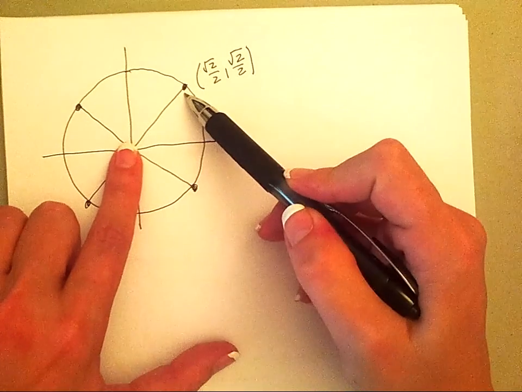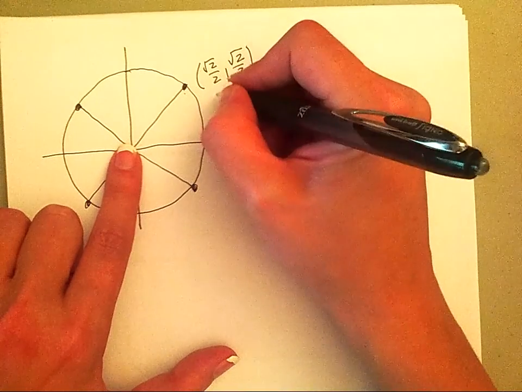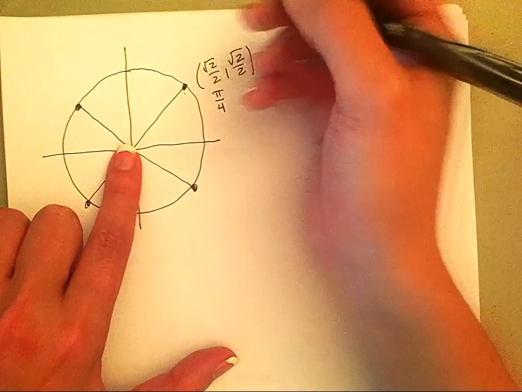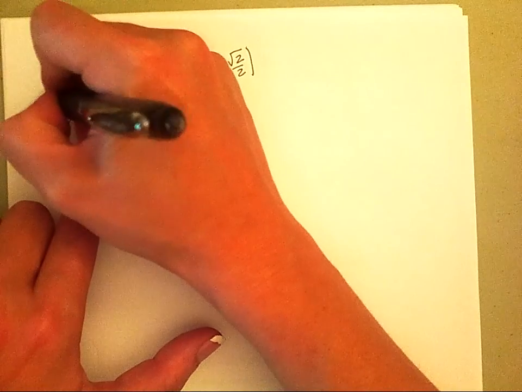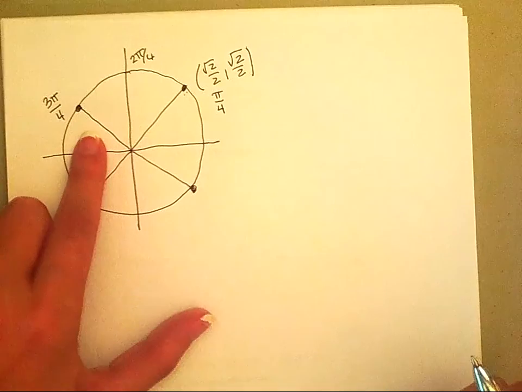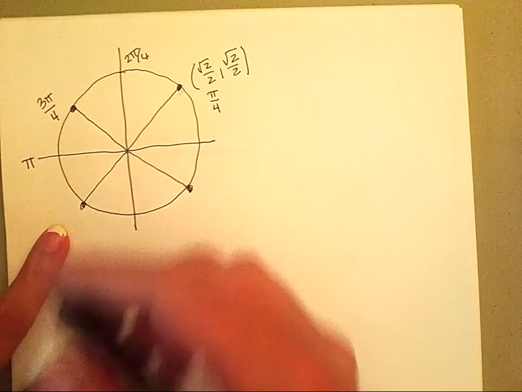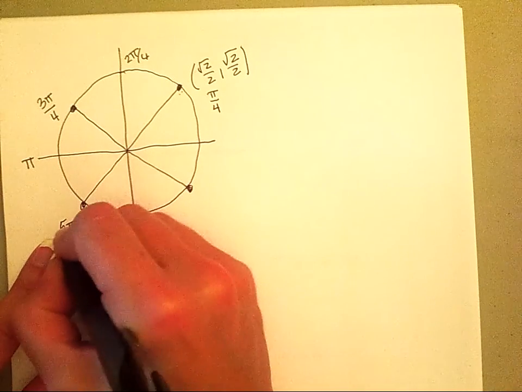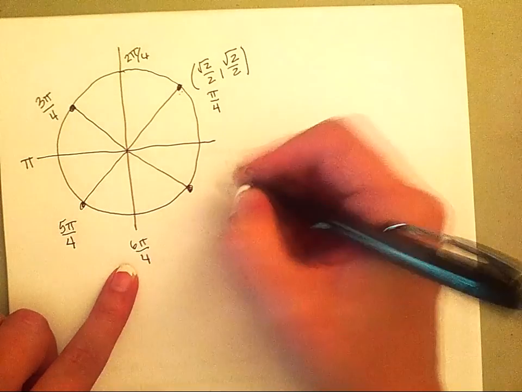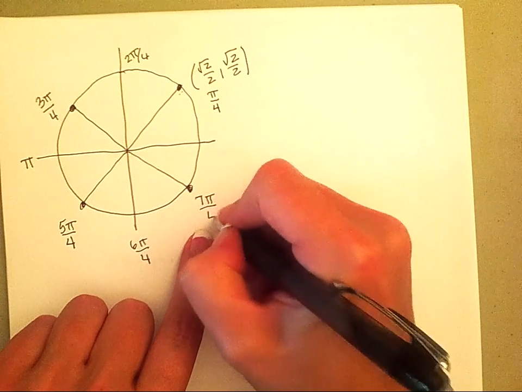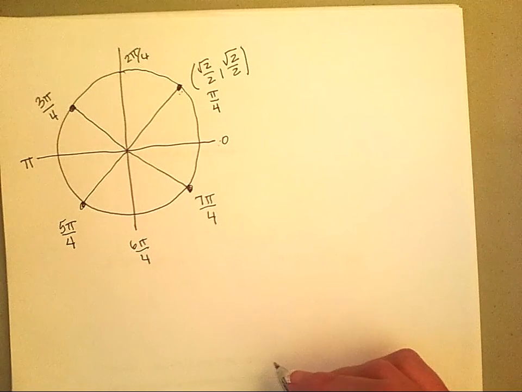This is the angle 45 degrees, but remember that's also pi over 4. So 1 pi over 4, 2 pi's over 4, this is 3 pi's over 4, and this is 4 pi's over 4, which is just pi. This is 5 pi's over 4, 6 pi's over 4, 7 pi's over 4, and 0 or 2 pi, however you'd like to look at that.